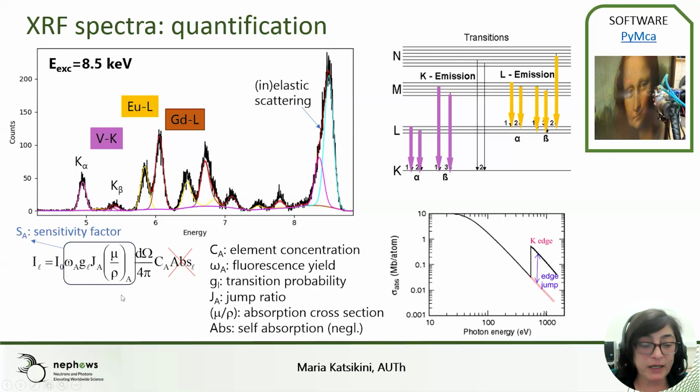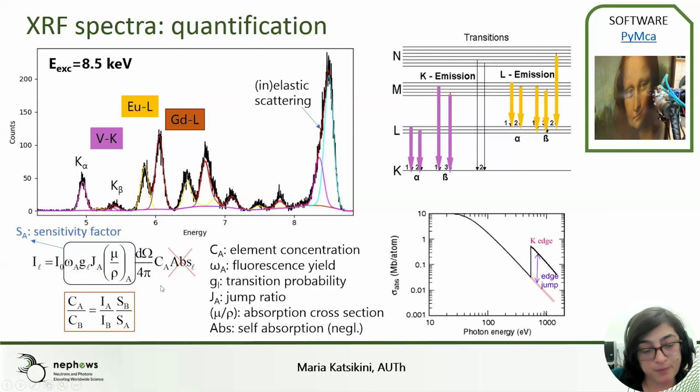However, we need to know a number of parameters which are actually probabilities: the probability for absorption of a photon, the probability of the excitation by means of fluorescence photons, and the probability for emission of a specific line relative to the whole series.